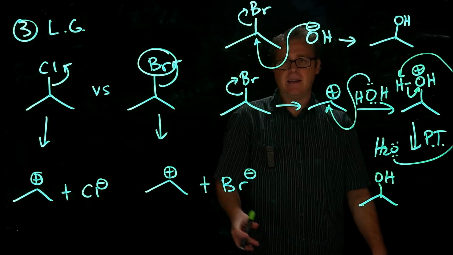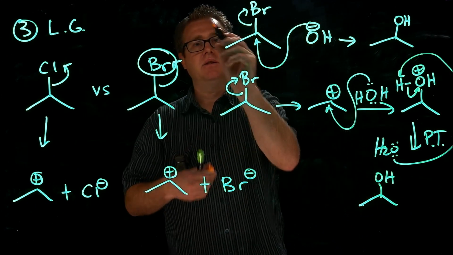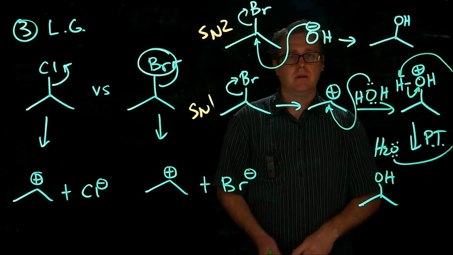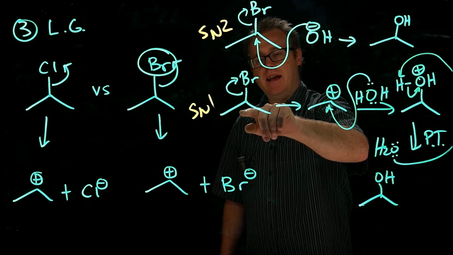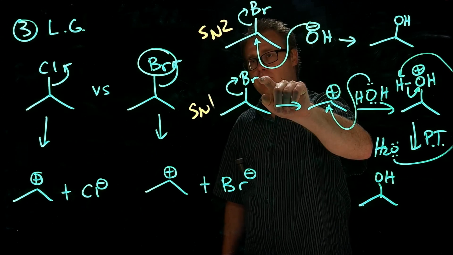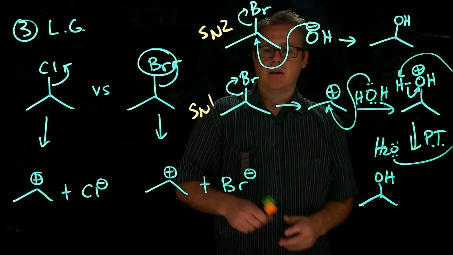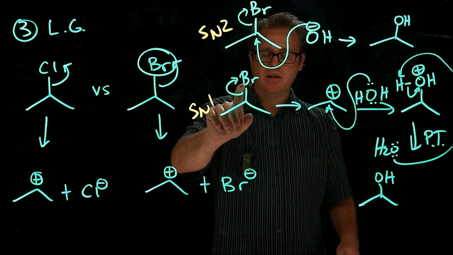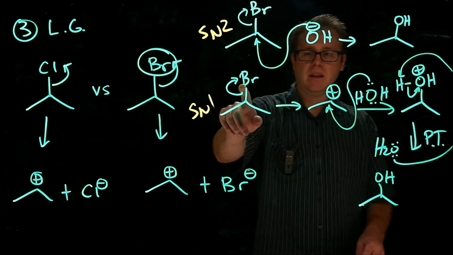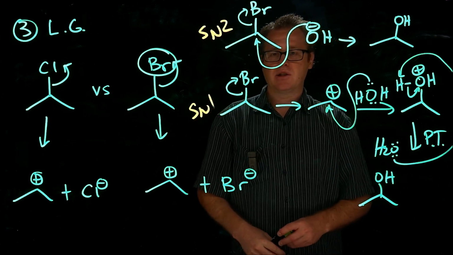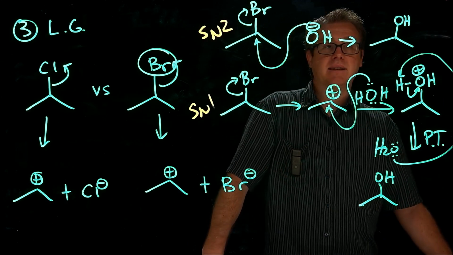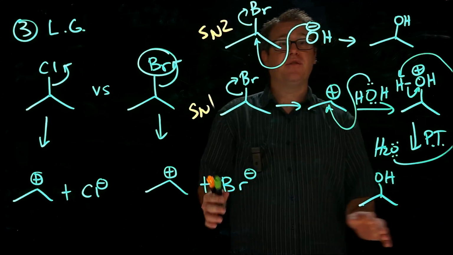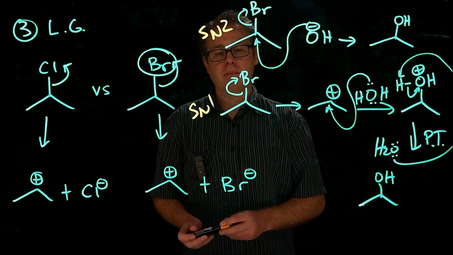So looking at these mechanisms here, this one is an SN2, this is an SN1. We have the same alkyl halide, same leaving group, but the leaving group ability, this bromine right here, is going to affect the SN1 reactions more than the SN2, because what's the first step in the SN1 mechanism?